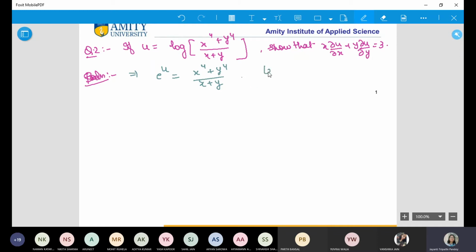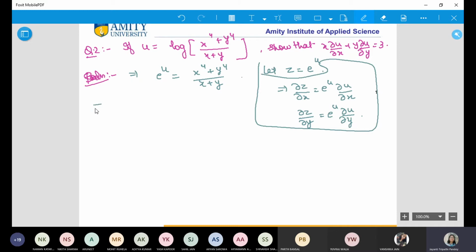We should take z is equal to e to the u. So from here you can calculate del z by del x is e to the u, and del z by del y. Okay, we will keep this part.